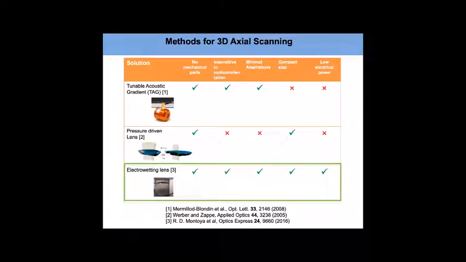One is a tunable acoustic gradient lens, which is a very fast lens with a very fast actuation rate. Also a pressure-driven lens, like an Optotune lens. And what we decided to use is an electrowetting lens, because it is insensitive to vibrations and orientation, very compact in size, and uses low electrical power.